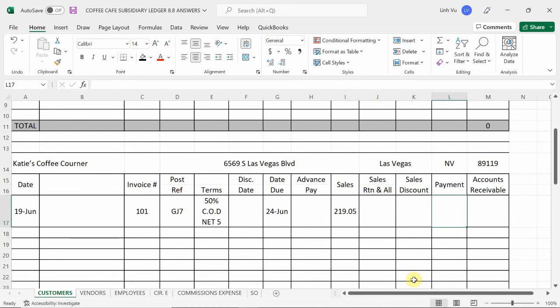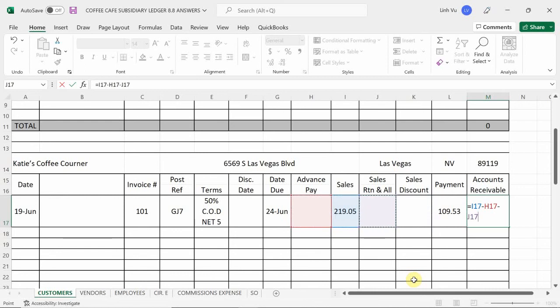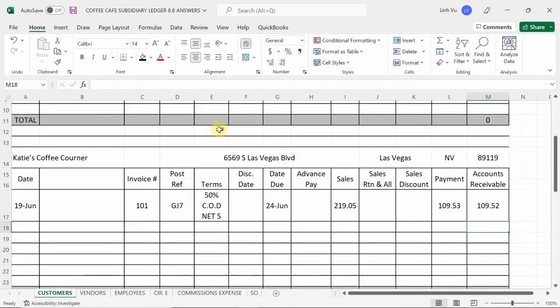A check of 109.53. And the amount that's due is 109.52. If I run my formula, this time it's going to be sales, the same exact formula as for your vendors, just with different titles. So I'm going to do sales minus any prepaid or advance payments, minus returns and allowances, minus discounts, minus payments. That should give you your 109.52. Okay, good.